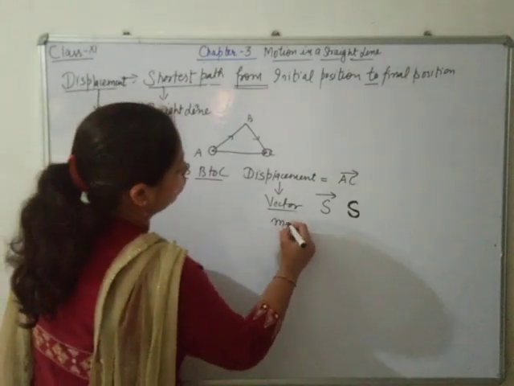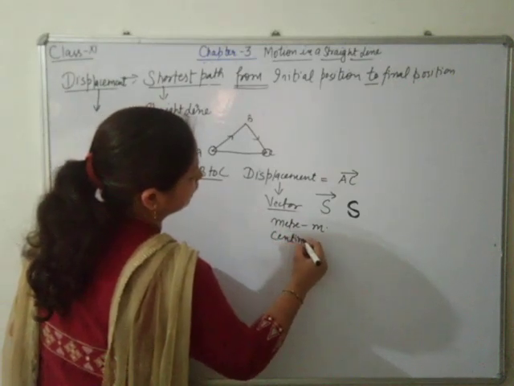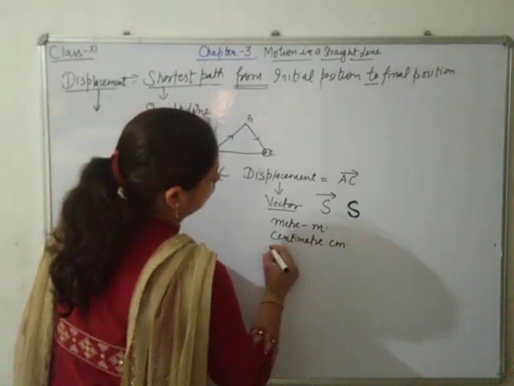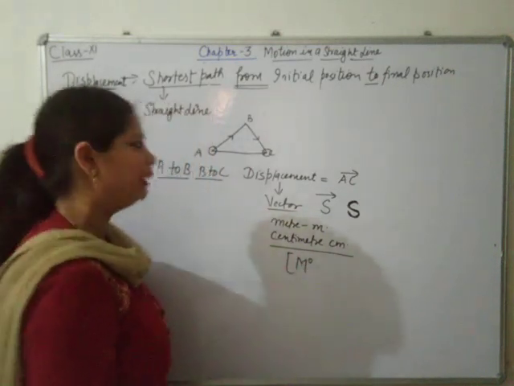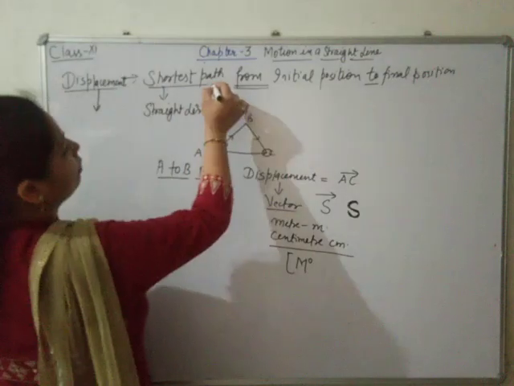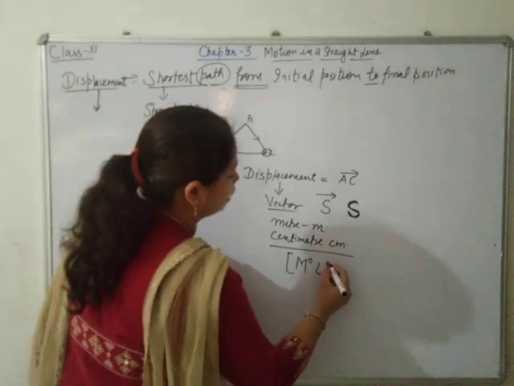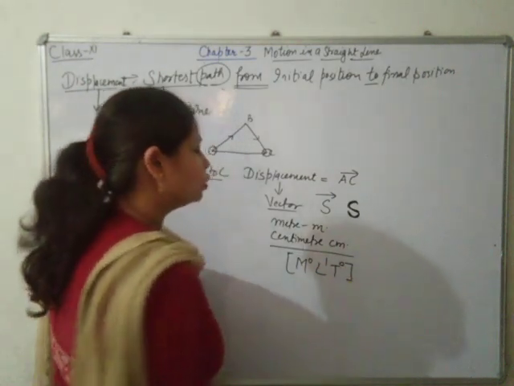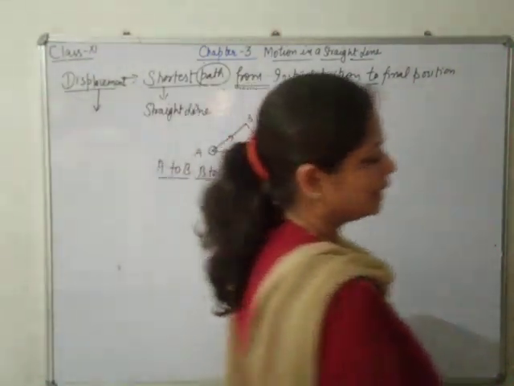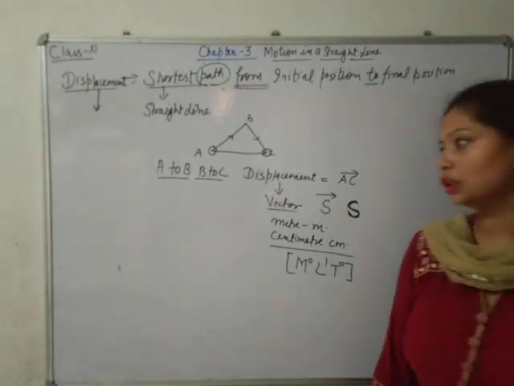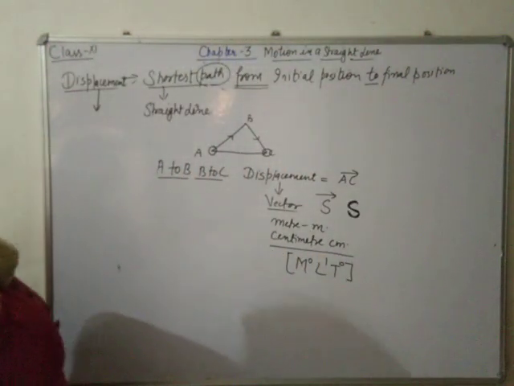Similarly, its SI unit is meter denoted by m and CGS unit is centimeter denoted by cm. Its dimensional formula is, because it is length, displacement, shortest or total doesn't matter, actually it is path length, so it is M0 L1 T0. So, unit and dimensional formula of distance and displacement are the same, but still there is a major difference between these two, that distance is a scalar quantity and displacement is a vector.